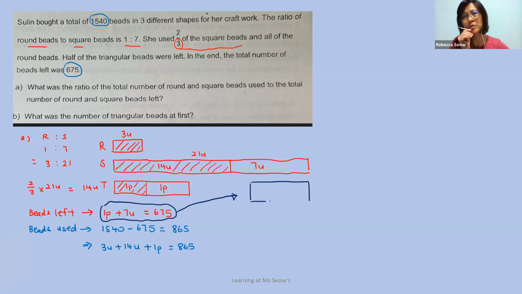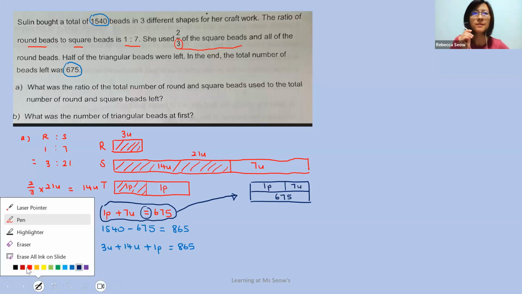So if I were to draw 2 bars of equal size to signify the equal sign, at the top, I'm going to split it into 1 part and 7 units. Let's say this takes up 1 part, this takes up 7 units, and its sum makes up 675.